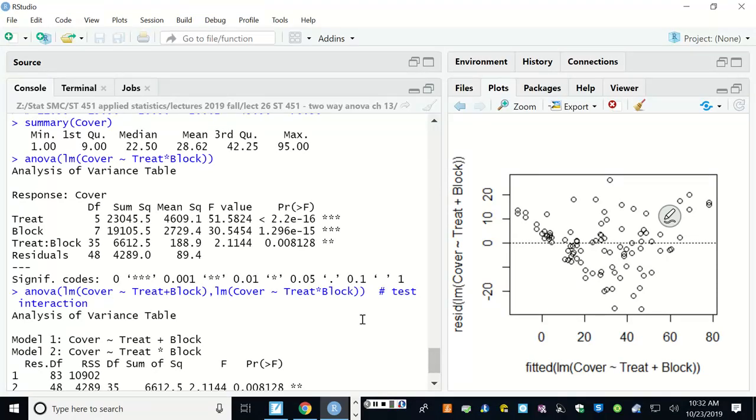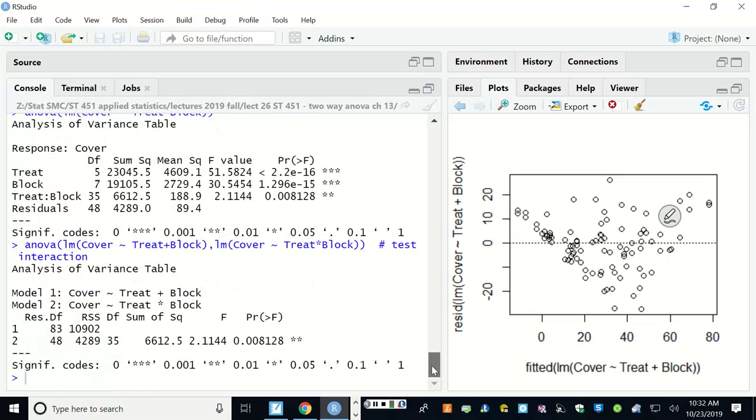You can use the sum of squares and degrees of freedom from the smaller model, which is this one, versus the sum of squares for this interaction model that includes the interaction here. It takes the differences of sum of squares between the two models, the differences of degrees of freedom, and does a particular F test. And it's the same as that one. So the interaction is significant. It should be included in the model to explain things.